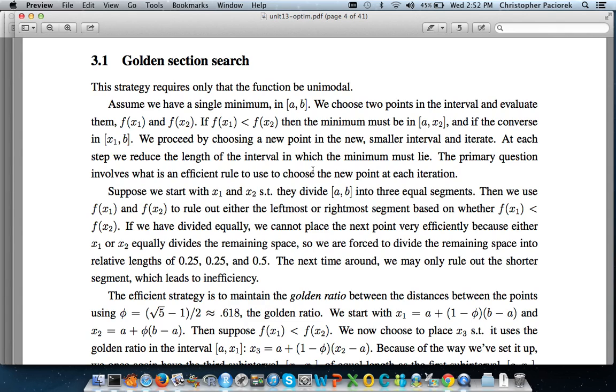So that's the total new length. And the idea is I should be eliminating, is this not working? Oh, okay, because I put my point in the wrong place, sorry.